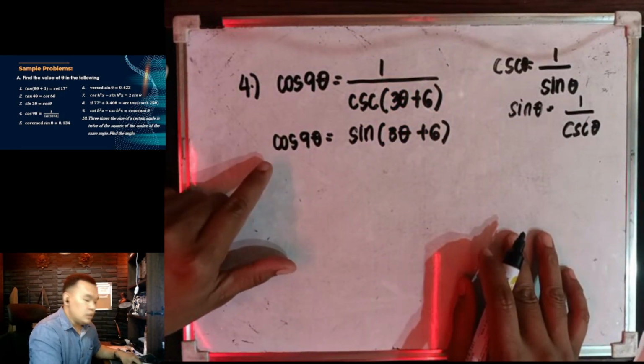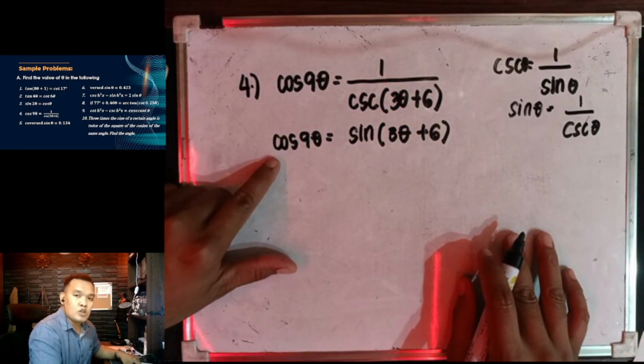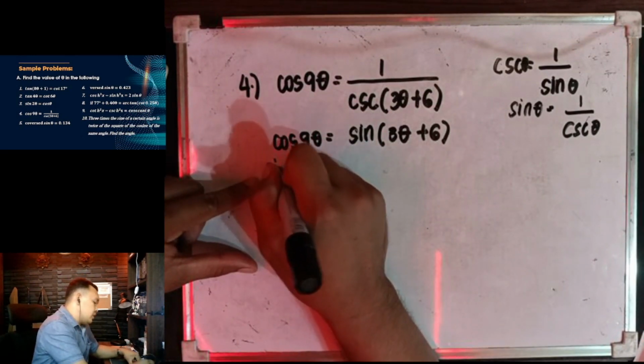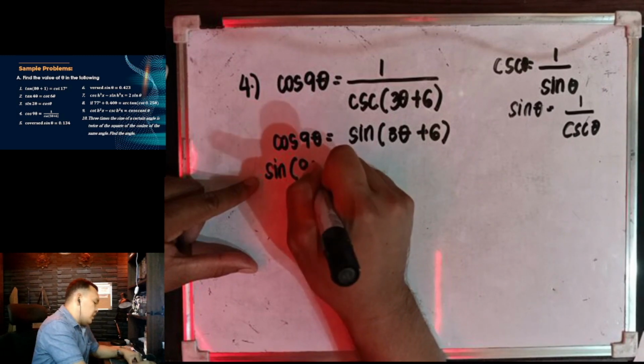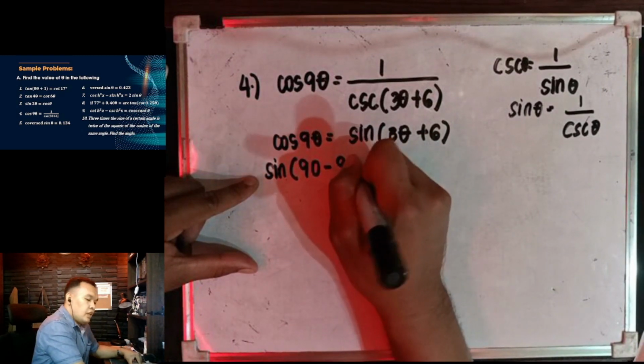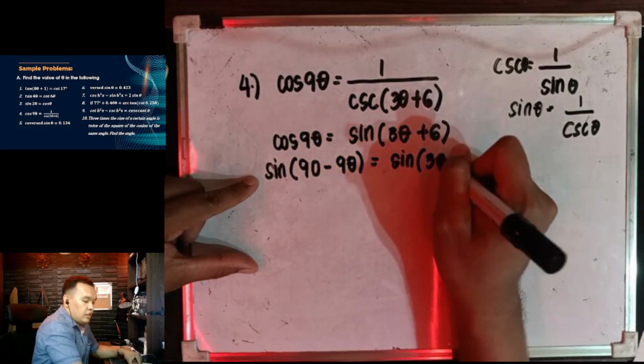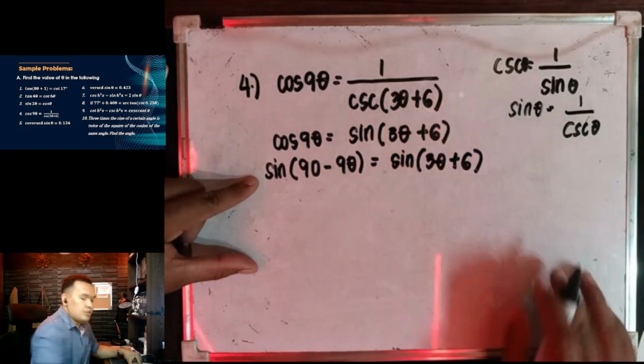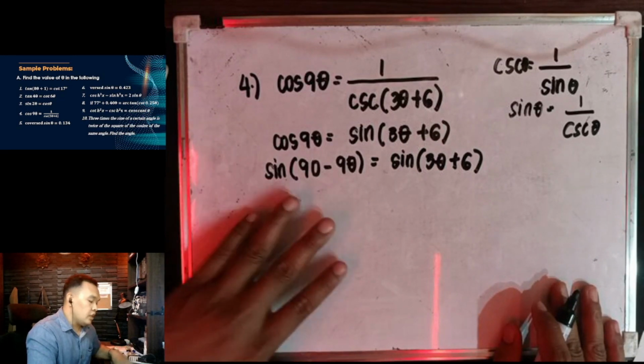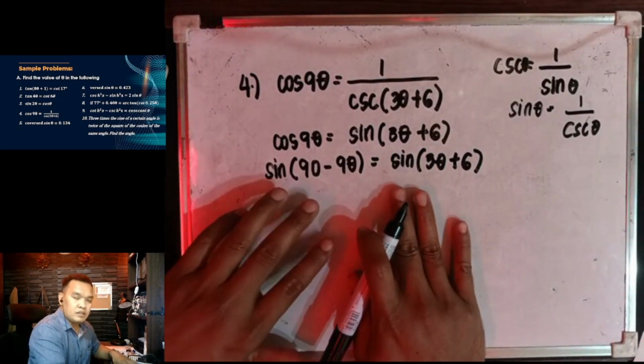Then, kunin natin yung cofunction ng cosine. So we have here sine of 90 minus 9 theta is equivalent to sine of 3 theta plus 6. Then, we could remove the sine dyan.